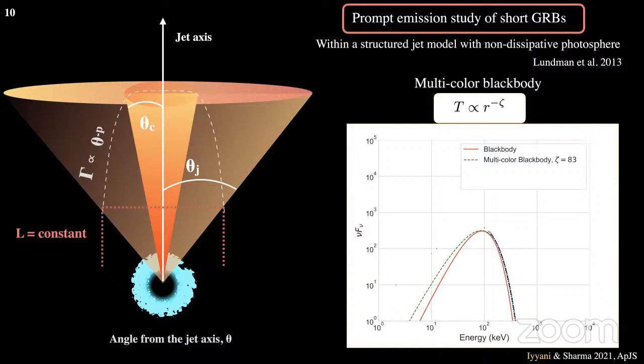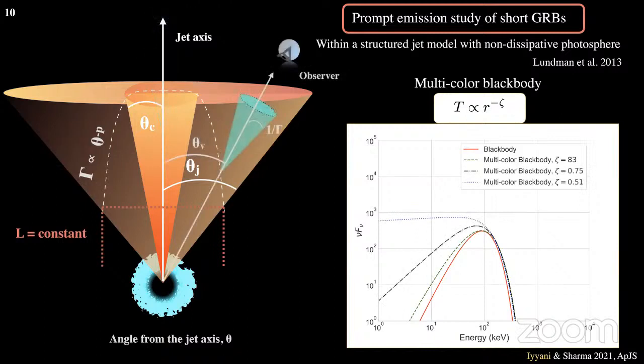In this case, what happens is if you view the jet on axis, then your Lorentz factor remains a constant within the jet. So whatever your Doppler boost, you will more probably see a black body, as you can see here in the plot. But when you go off axis and view it at a certain angle, theta V, but still within theta J, you will be within your view cone of 1 over gamma.